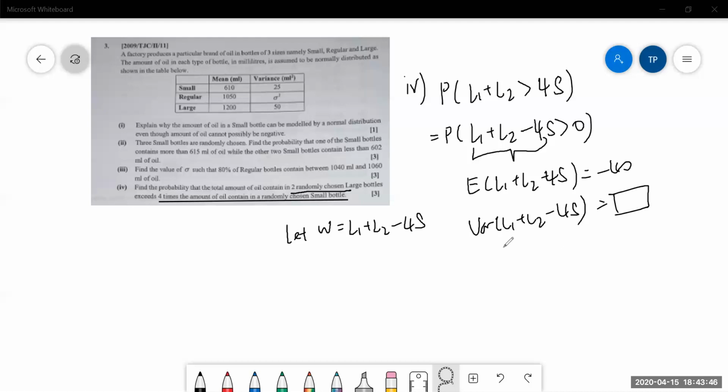Over here is variance of L1 plus variance of L2. So it's 2 variance of L plus 16 variance of S. You key in 4 variance of S, right? Yes. Nice, correct. Remember this mistake. You don't want to make it during A levels.